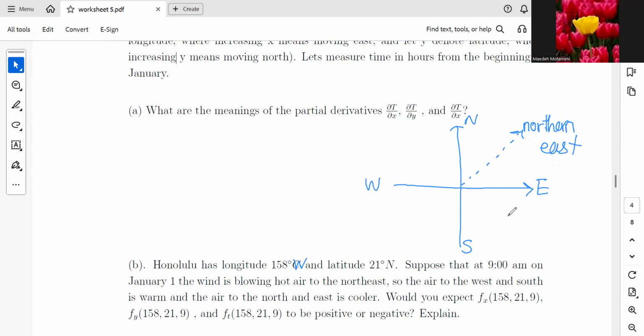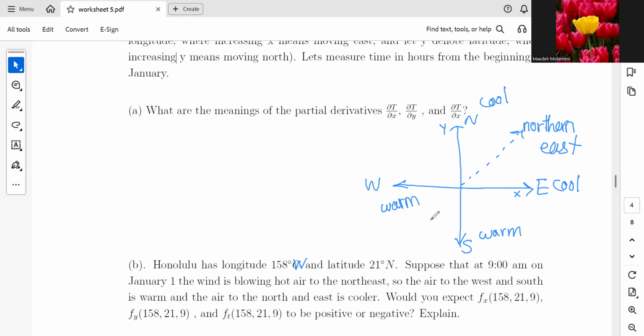So the air to the west and south is warm. So these are warm. And the air to the north and east is cooler. So these are cool here. And we know that this can be the x-axis, this one can be the y-axis.